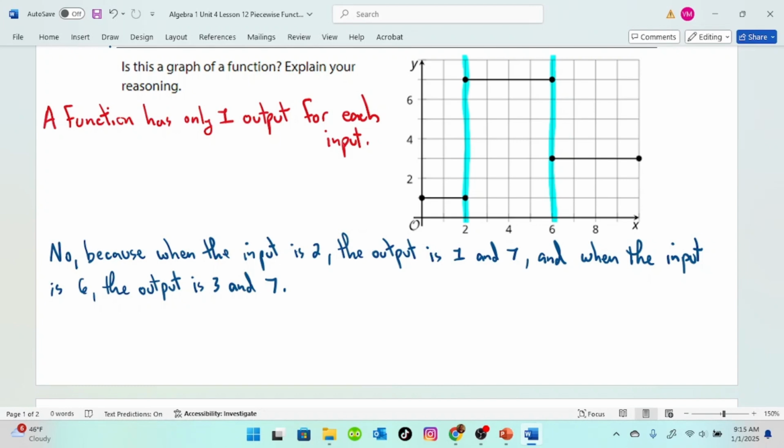It is not a function because each of these inputs have more than one output. And we used the vertical line test to determine this.